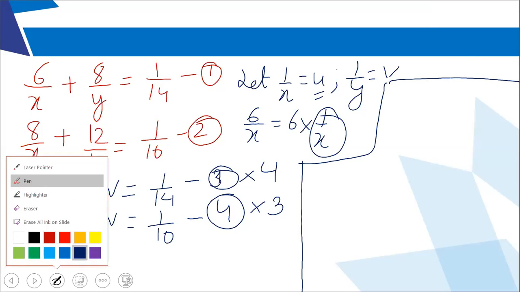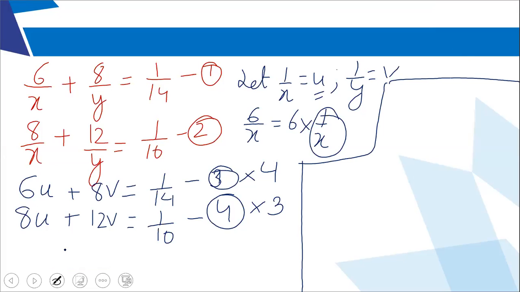So after multiplying it, 24u plus 32v is equal to 2/7. 4 upon 14 is 2 upon 7. Very good. Excellent. Now into 3.